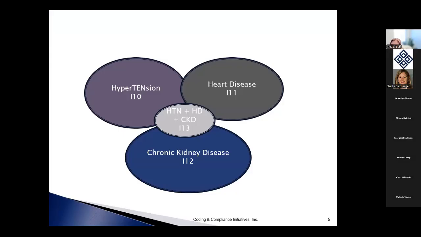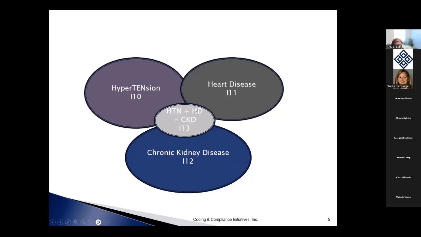So hopefully this visual will give you a good idea of where we're going. You can see here under the hypertension, it is I-10, hypertension only. When we start moving into some hypertensive heart disease, we're looking at the I-11 categories. There's several different codes under that. And then hypertensive chronic kidney disease, we have two choices depending on the stage of the kidney disease.